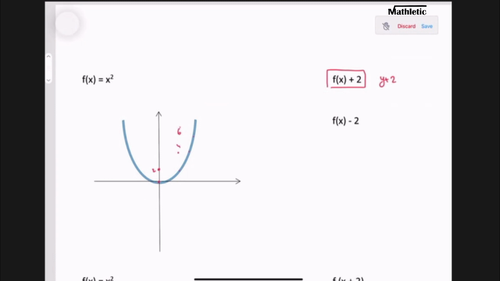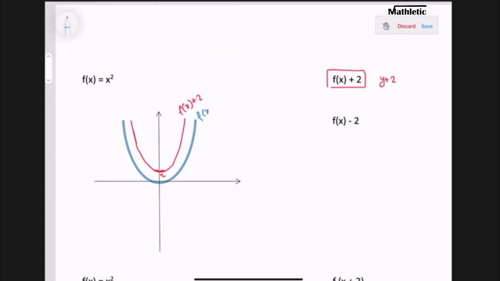Each and every single point will move 2 units vertically upward. If these are my new points, I can join them up to get the new curve for f of x plus 2. So the cutting point is shifted from 0 to 2. This is the sketch of f of x plus 2.